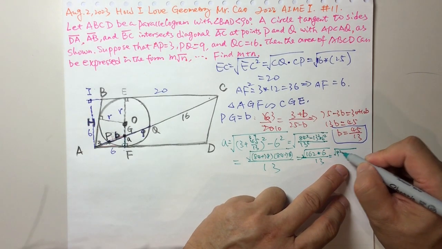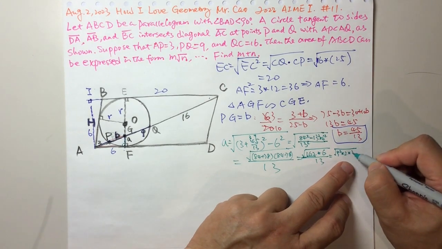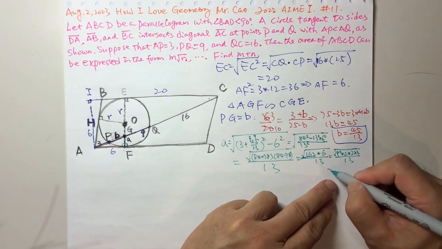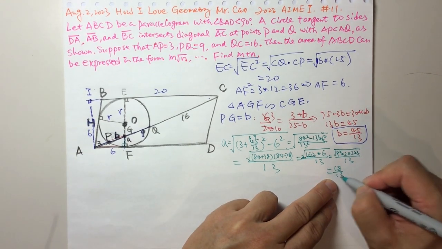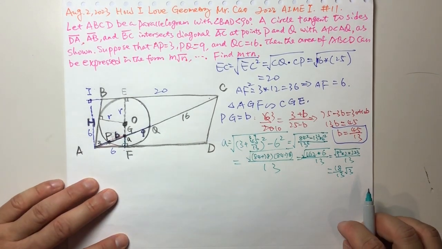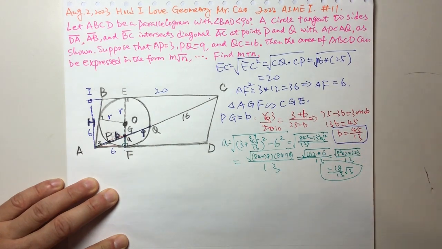That's 9 squared times 2, that's 162, then times 2 times 3 over 13, so it's 18 over 13 square root of 3, right? Yeah, that's a. Now we find a and b.